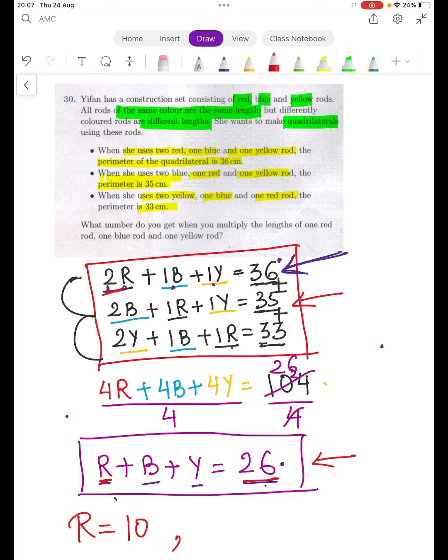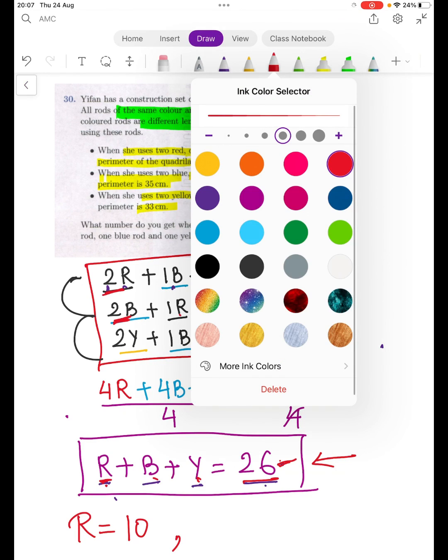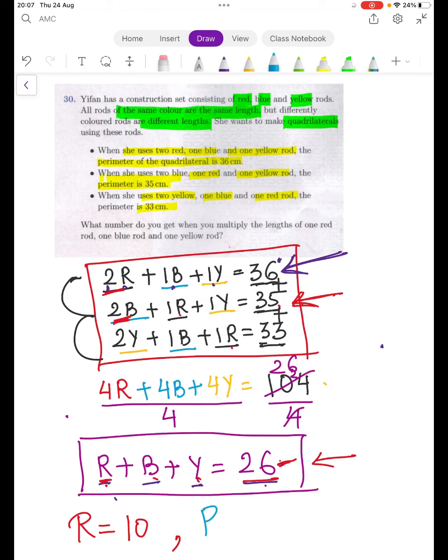Similarly, comparing this equation to the next equation, we have red, blue, and yellow is 26. In the second equation, we just add one more blue, and the answer changes from 26 to 35. That means our blue must be 9 to change it from 26 to 35. Similarly, if we compare this equation to our third equation, we just added another yellow, and this changed from 26 to 33.